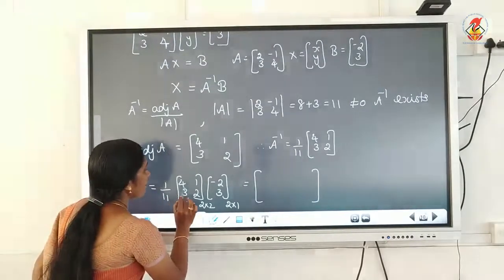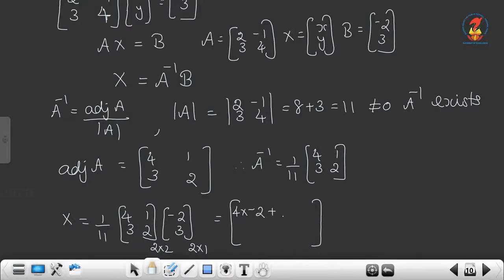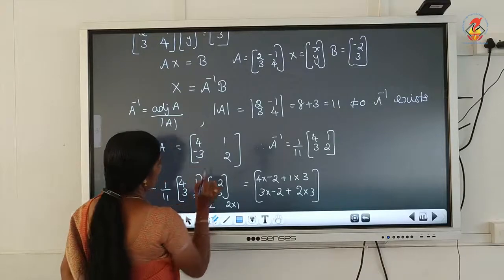So 4, 1, first row into first column: 4 into minus 2 plus 1 into 3. Now the next row, 3 into minus 2 plus 2 into 3. Okay, here I didn't put the minus sign.